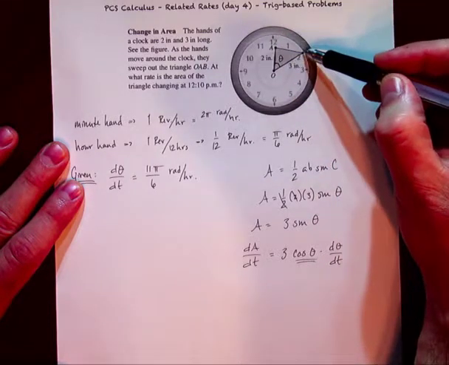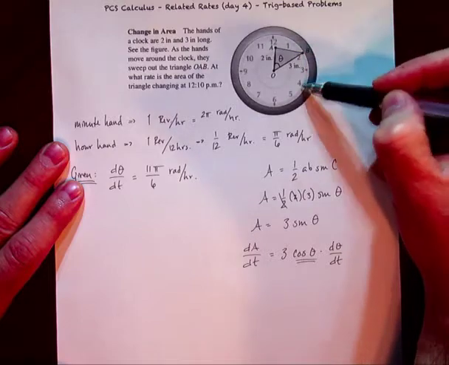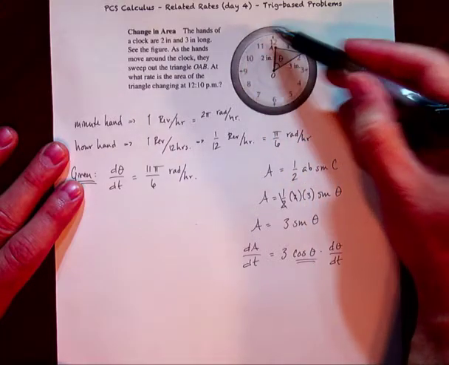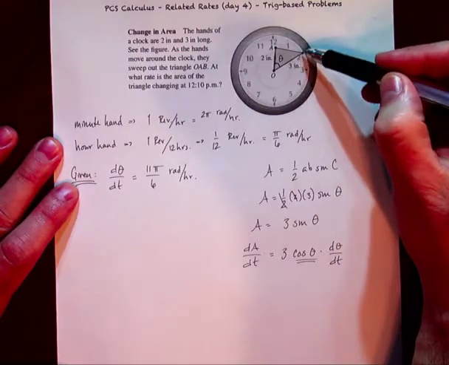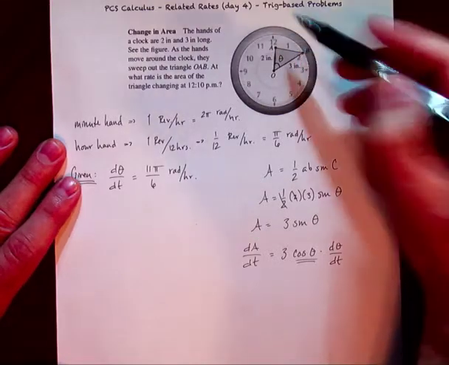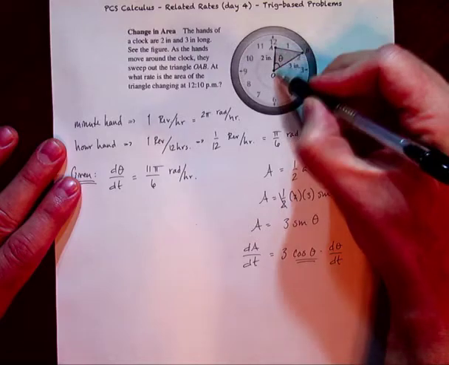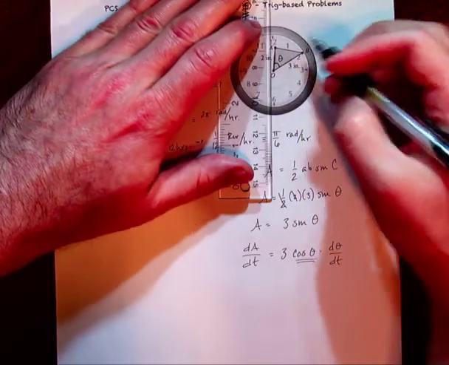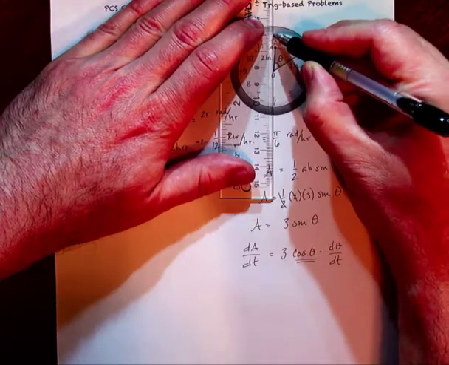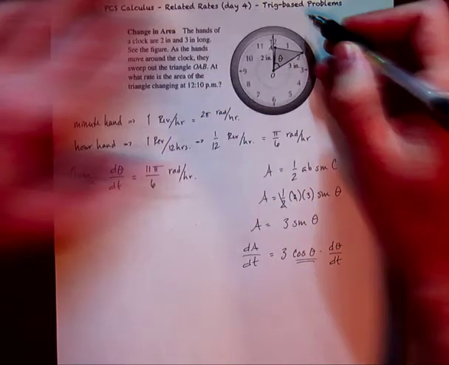Because it's 1, 2, 3, 4, 5, 6, it's 1/6 of a revolution. 1/6 of a revolution is pi over 3. The problem is that theta is not pi over 3, because you have to take into account that itty-bitty angle that the hour hand has swept out.